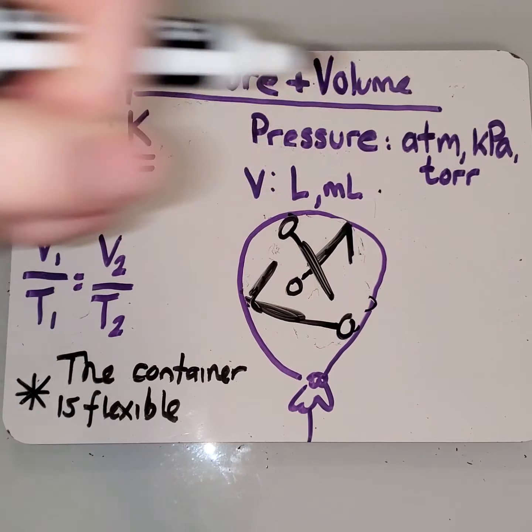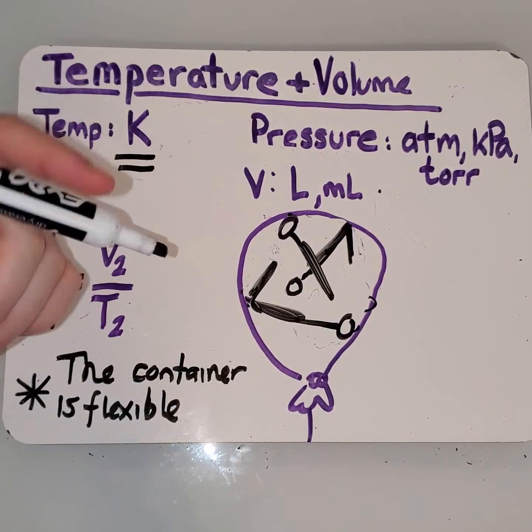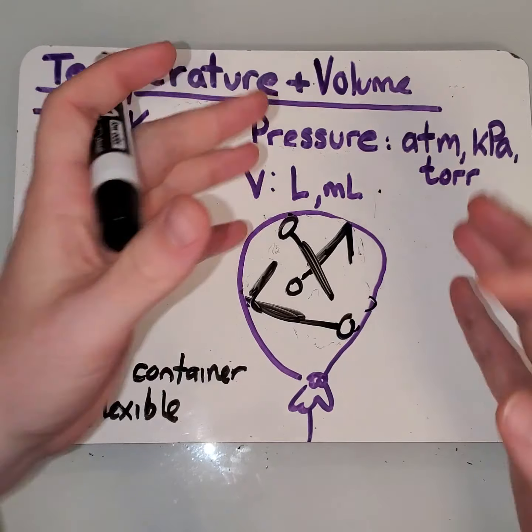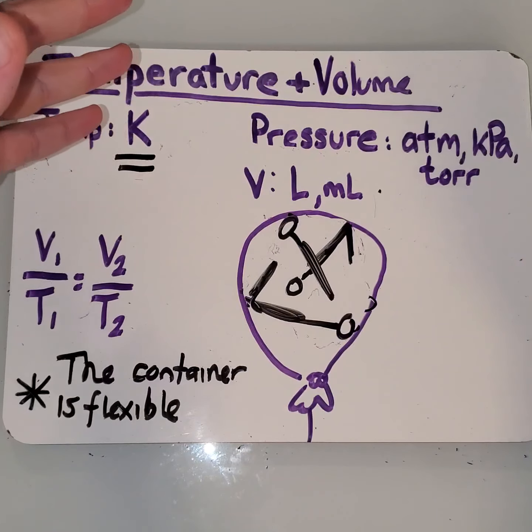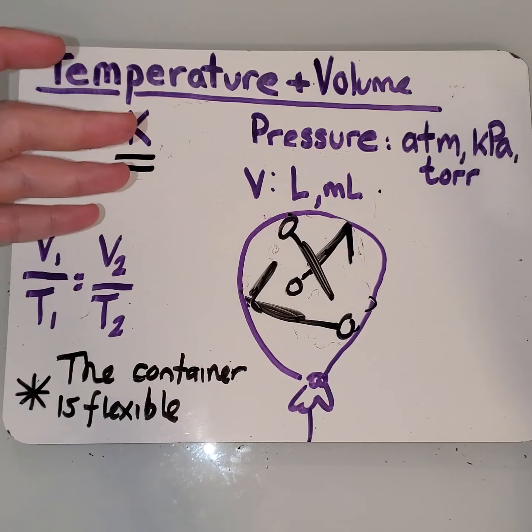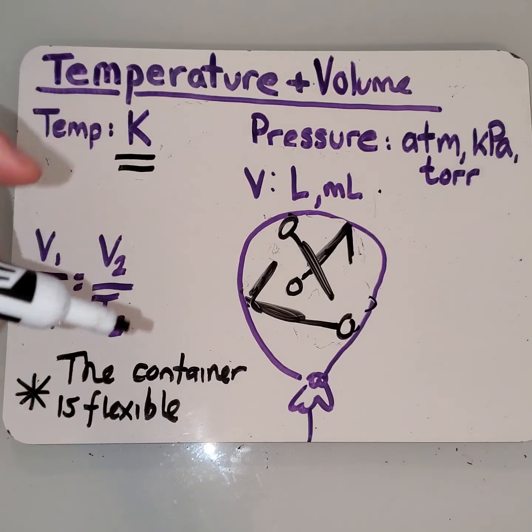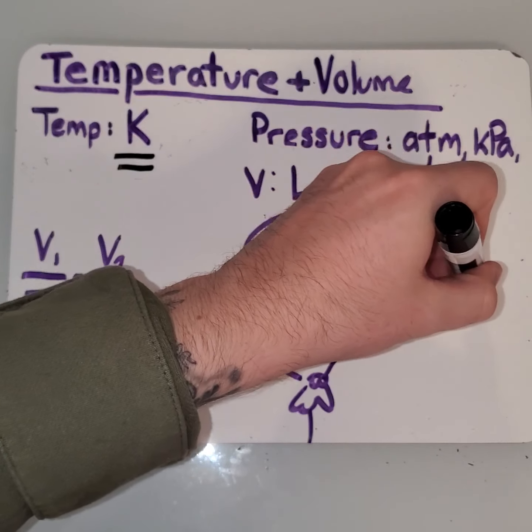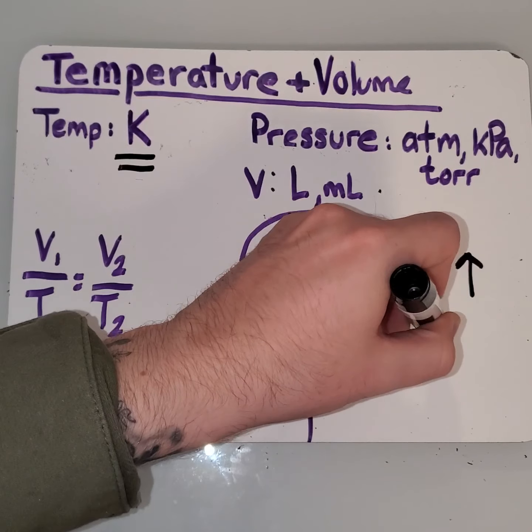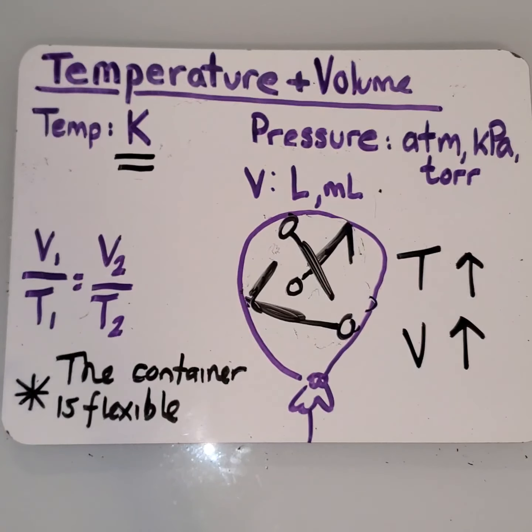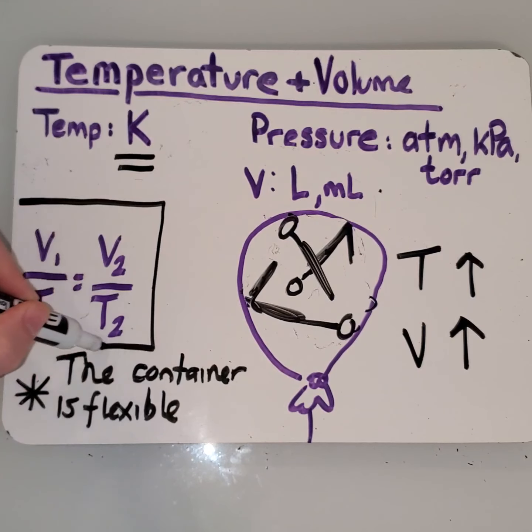And if they're hitting the walls of the container more strongly, and the container is flexible, they're going to push those walls away and increase the volume. So when temperature increases, volume increases as well. This is another direct relationship.